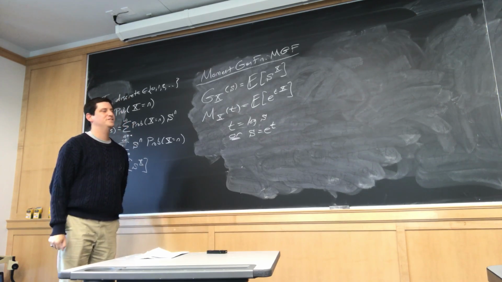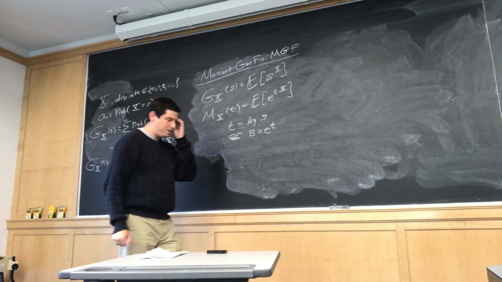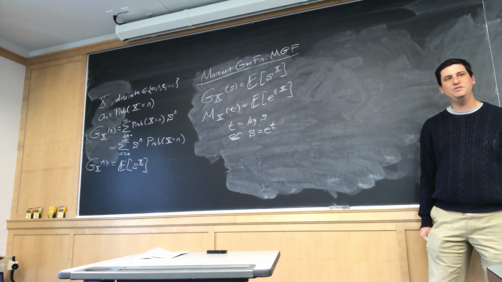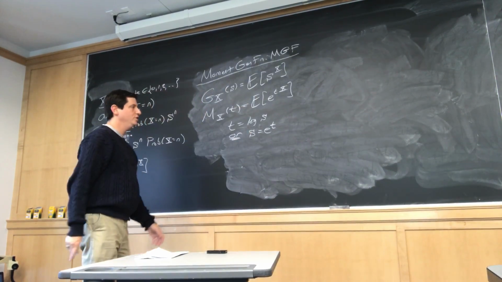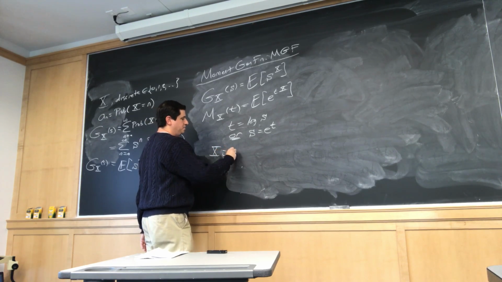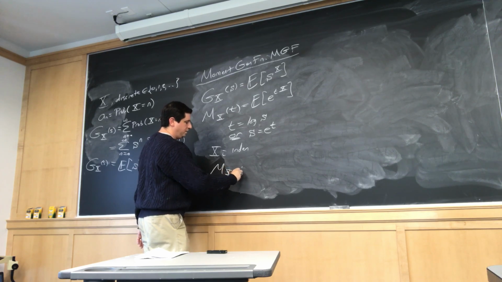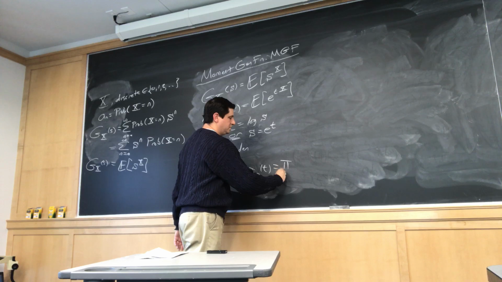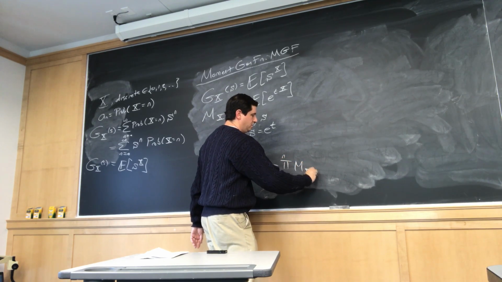Does it really make a difference if I study generating or moment generating? No. And in fact, we should be able to get a lot of results from moment generating functions immediately from results from generating functions, because they have this nice relation. So similarly, if the x_k are independent, the moment generating function of x1 plus through xn at t should be the product, k goes from 1 to n, of the moment generating function of x_k at t.